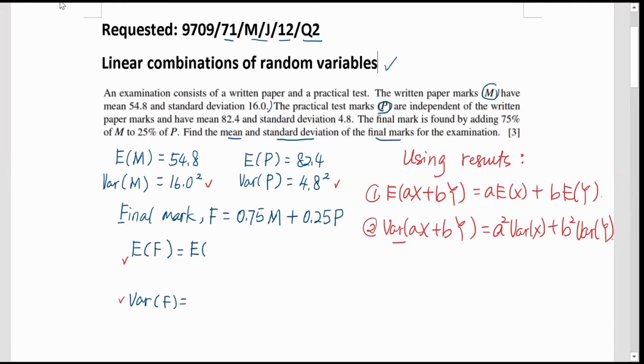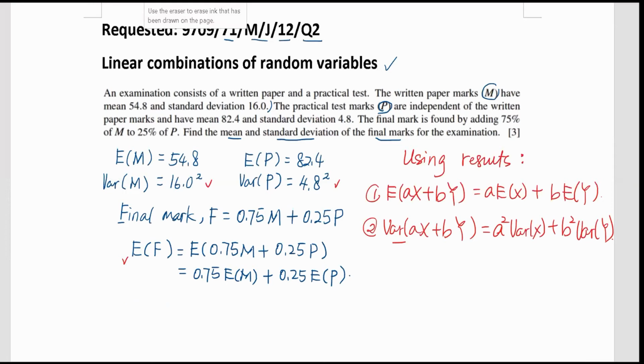As the final mark is given as 0.75 of M plus 0.25 of P, according to the results we can write down the constant 0.75 at the side and then E of M, plus 0.25 and E of P. With the info given in the question, we can find the mean of the final mark.